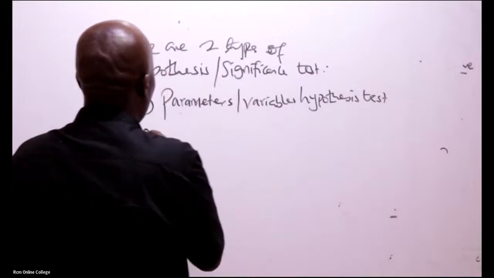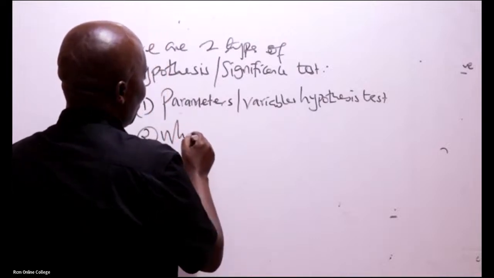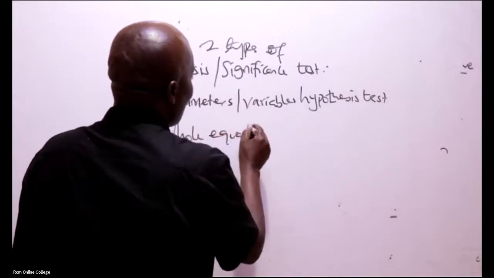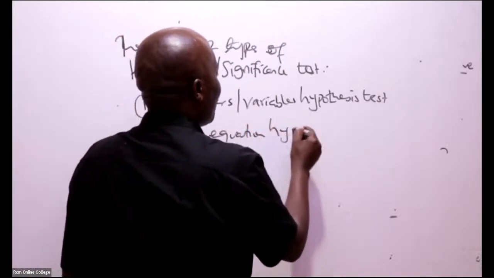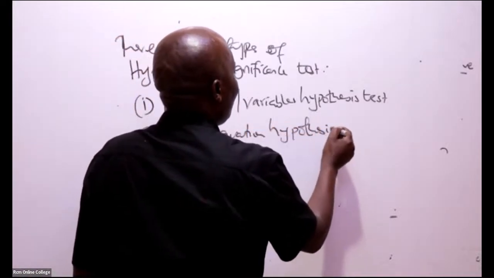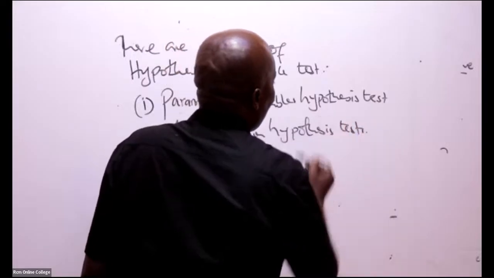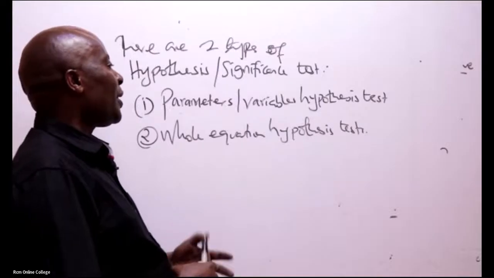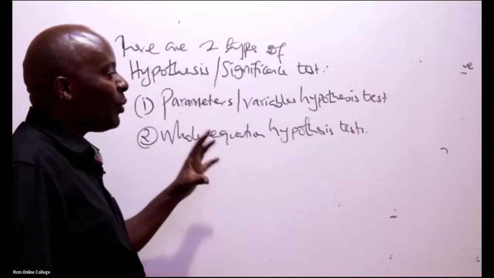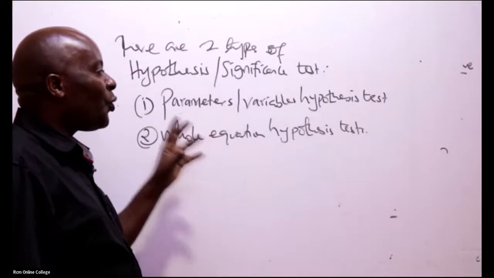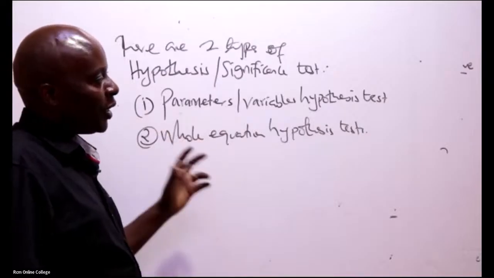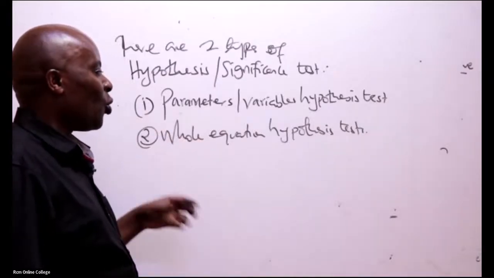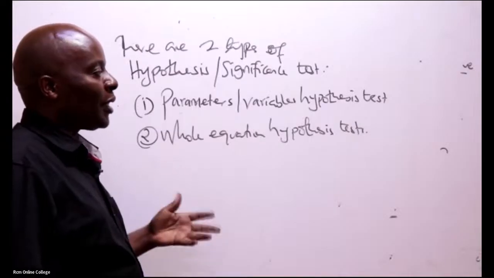And then number 2, we have the whole equation hypothesis test. 2 of them. So we have 2 types of hypothesis tests. We have the parameters, or variables, individual parameters hypothesis tests. And then number 2, we have what we call a whole equation hypothesis test.